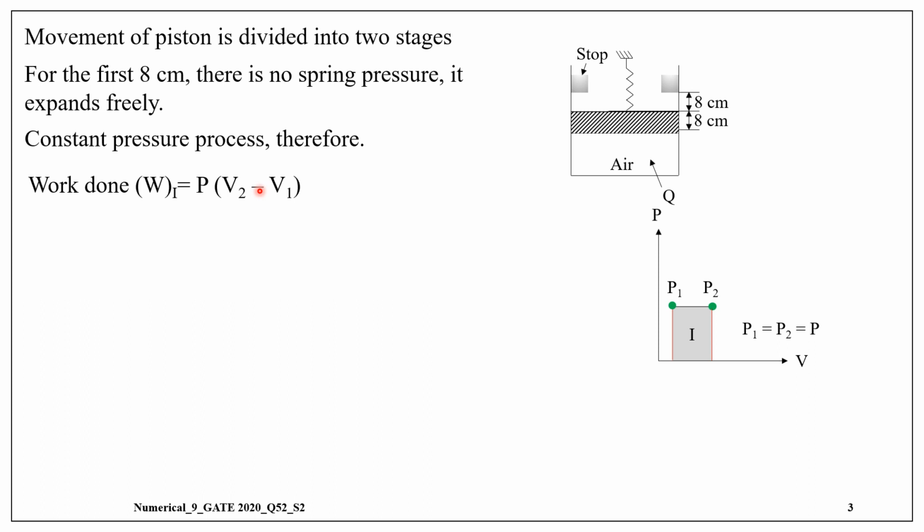What is the value of V2 and V1? They are not given directly, but V2 minus V1 is equal to the displacement of the piston, and the displacement of the piston is equal to area of the piston multiplied by the distance it gets displaced.